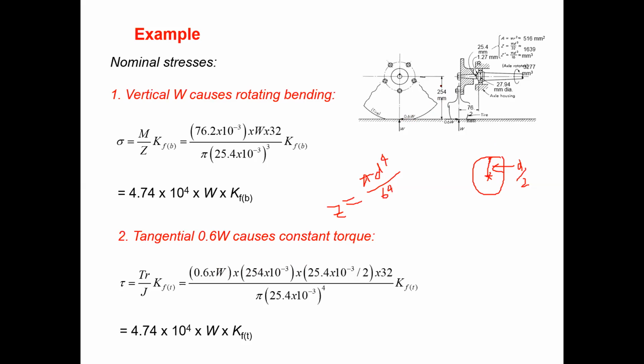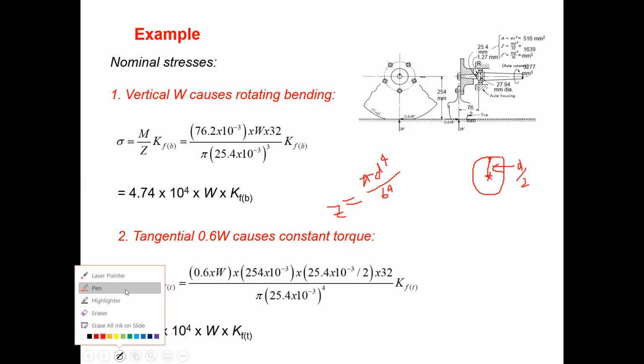You can see the torque value here. And this is the D upon 2, I told you, at the surface, the shear stress, and this is the second moment of shear. Then you need to multiply by KFT. It is the fatigue stress consideration factor due to torsion. So W and KFT we will substitute later, but W is still unknown. So you have the torsional shear stress due to the 0.6 W tangential load.